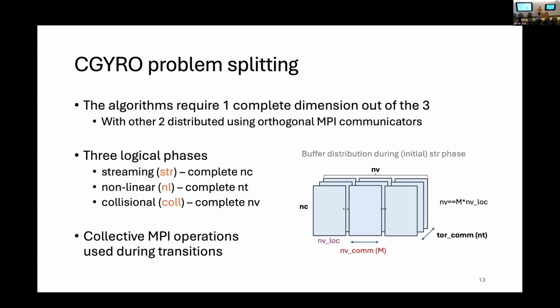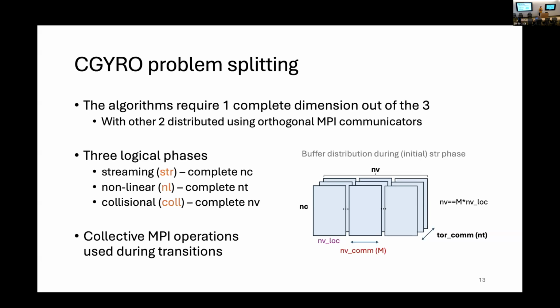So this is not a classic stencil one. We actually need the whole dimension for various reasons. So we essentially move between 3 different phases where we keep one dimension complete and the other ones can be distributed. And here you have an example, but yes, those are the 3.